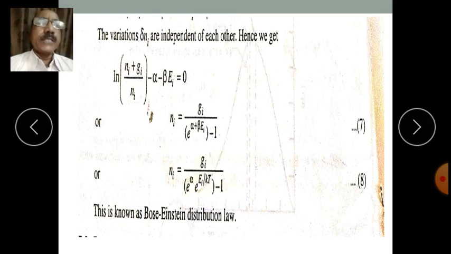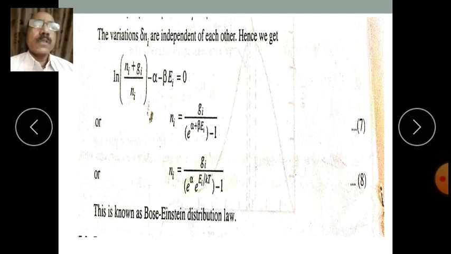There is no restriction on the number of particles occupying a single state, and these particles do not obey Pauli's exclusion principle. So the most probable distribution for such particles is given by Ni is equal to Gi upon (e to the power alpha plus beta Ei minus 1).